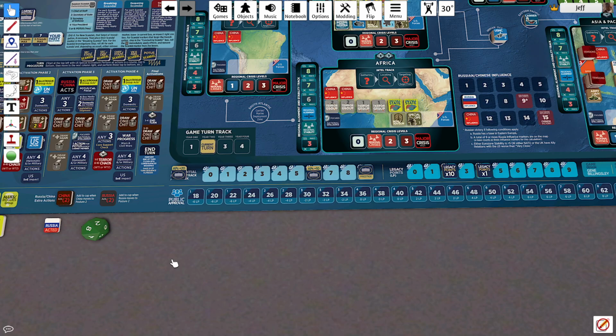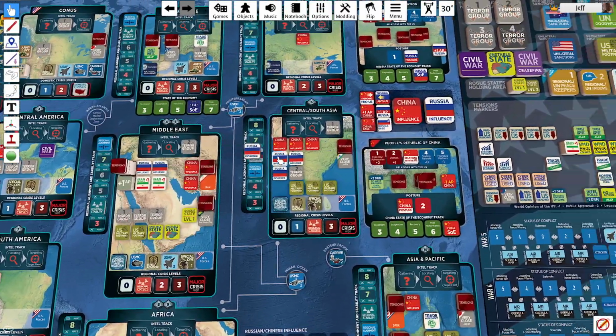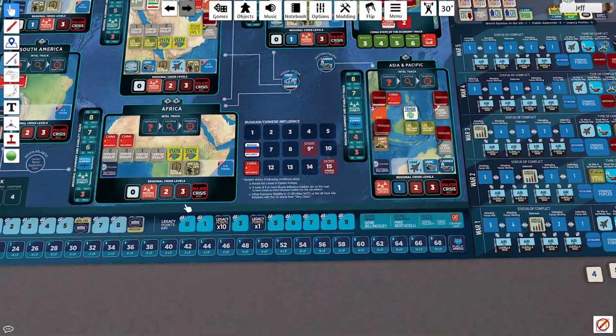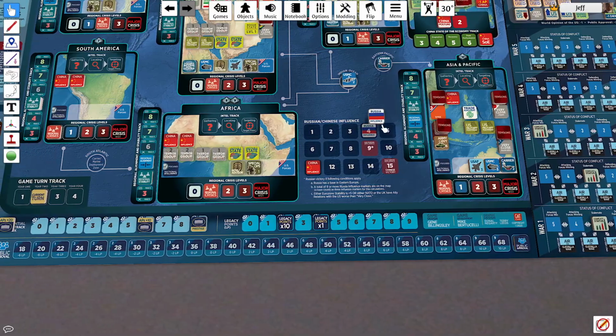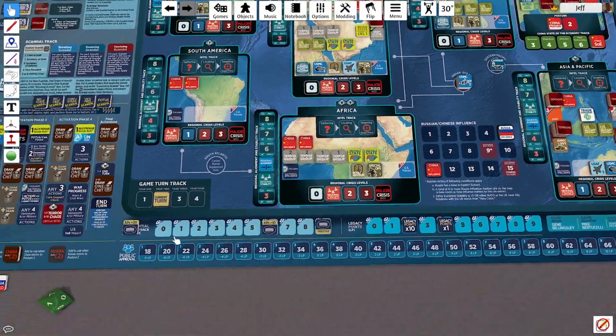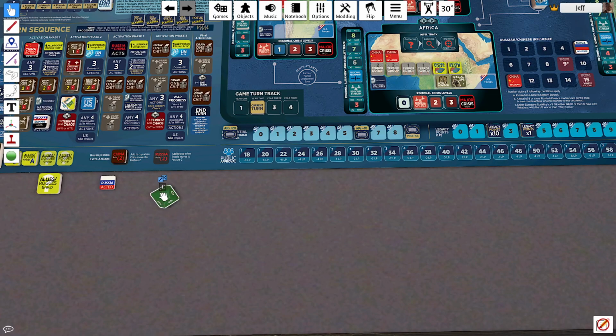I did. Action 3, Russia again. That is a success. Russia goes down. There is another group. Action 4, we're going to choose Russia. Going to spend an AP.